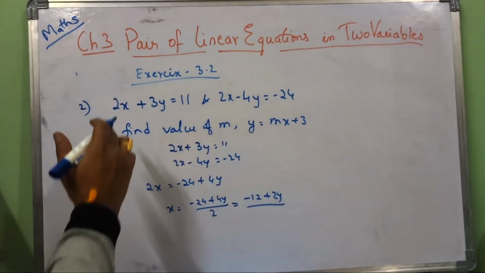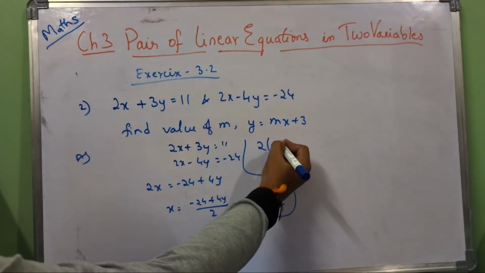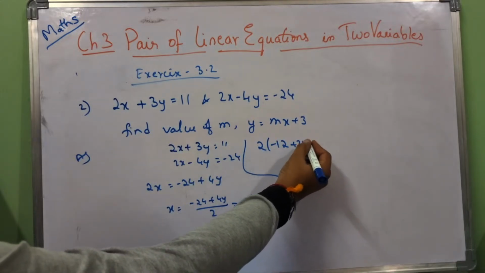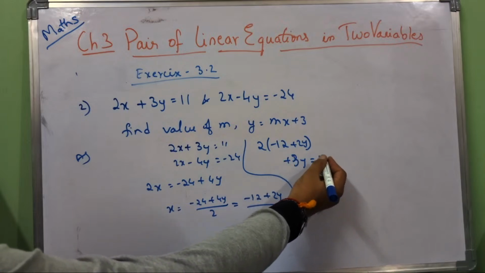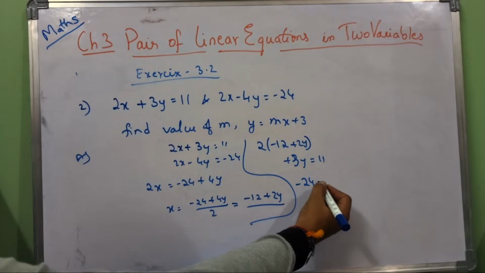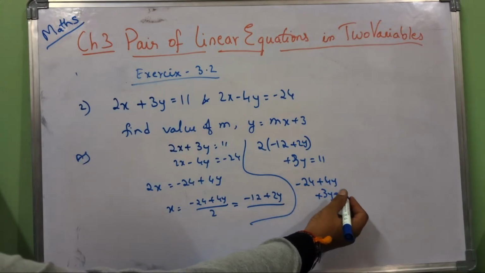Now substitute this in the first equation. 2 into minus 12 plus 2y, plus 3y equal to 11. Minus 24 plus 4y plus 3y equal to 11.